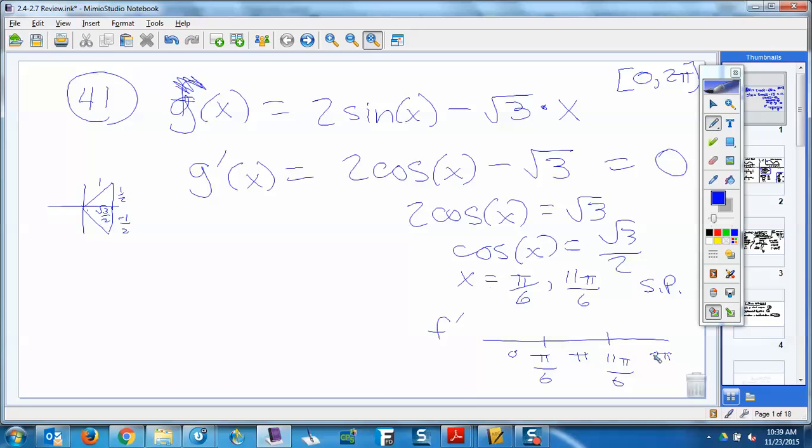Now, Marcus and I were just having a conversation about the calculator. People get freaked out about the calculator. The only thing that you really have to make sure you can do on a calculator, if this was a calculator problem, is make sure you can type that in right there. If this was a calculator problem, you would then want to solve that.